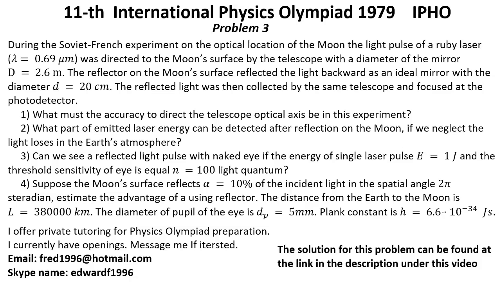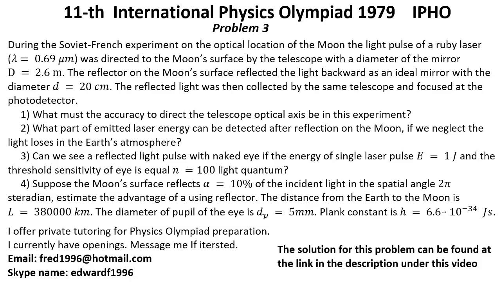Problem number 3. During the Soviet-French experiment on the optical location of the Moon, the light pulse of a ruby laser, lambda equal 0.69 micrometer, was directed to the Moon's surface by the telescope with the diameter of the mirror d equal 2.6 meters.